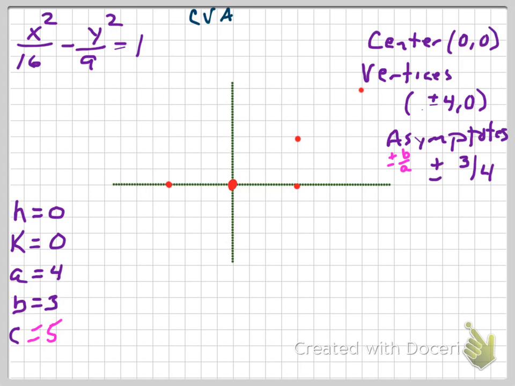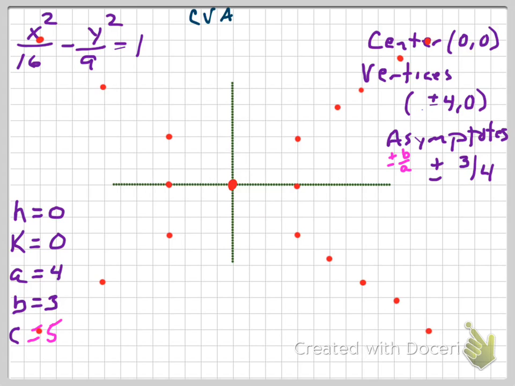And then I want to go negative 3/4, because that's going to be my other line, from the center. You can see my line starting to form. If you plot a few out, you can see where your X is.